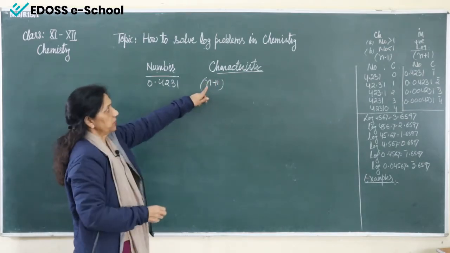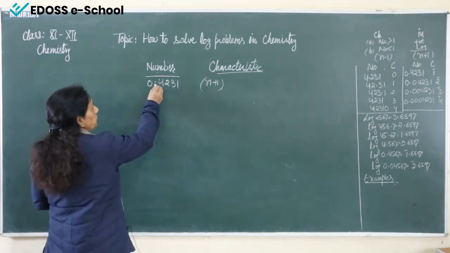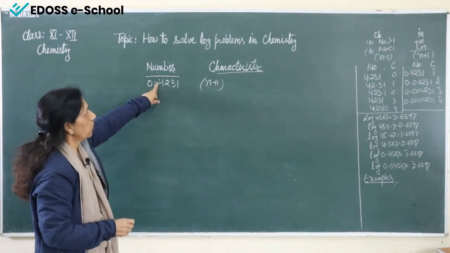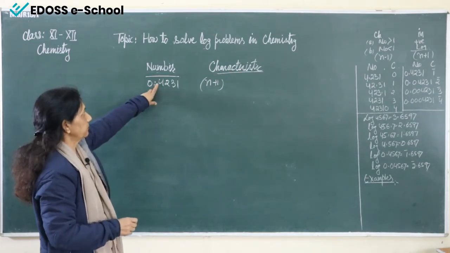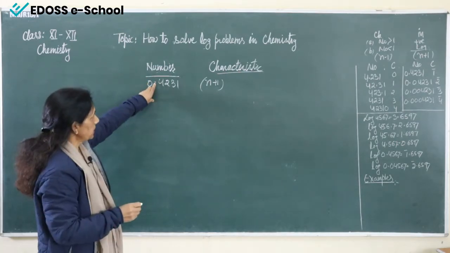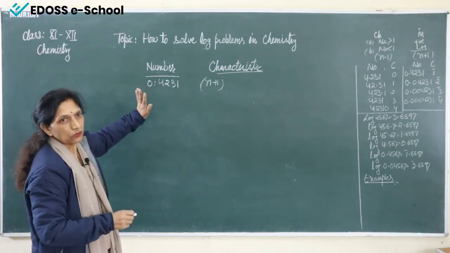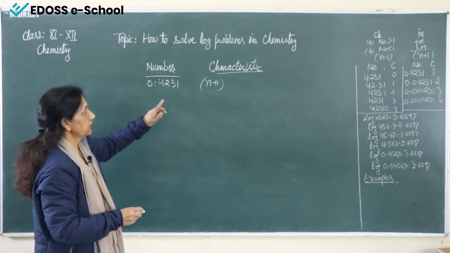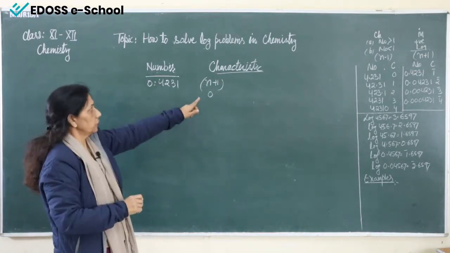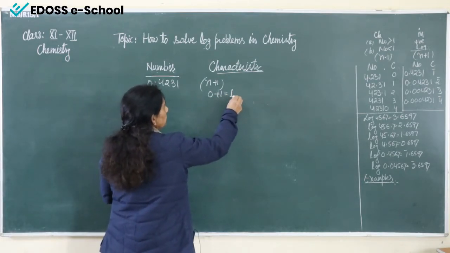Now how will we implement this formula? See here, we have to see between the decimal and the first significant figure, how many zeros are there. So between decimal and first significant figure, 4, there is no 0. That means the value of n is 0. So n plus 1 is coming 1.